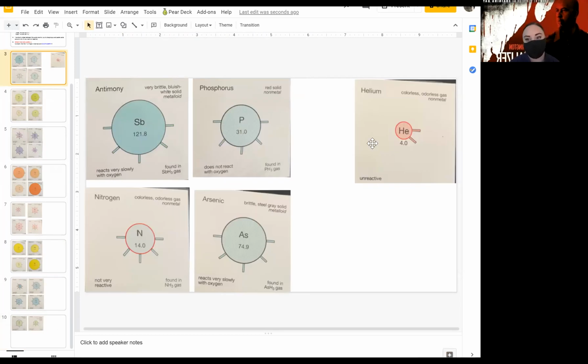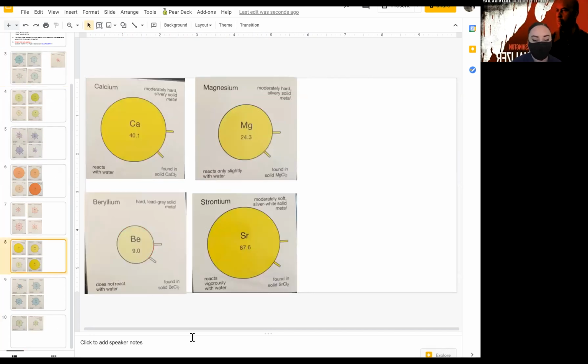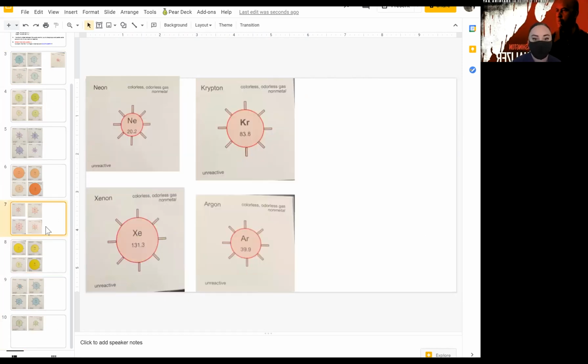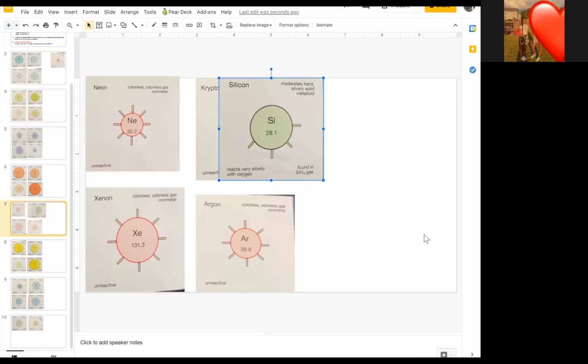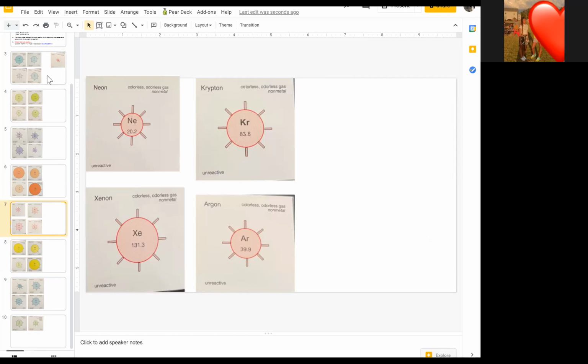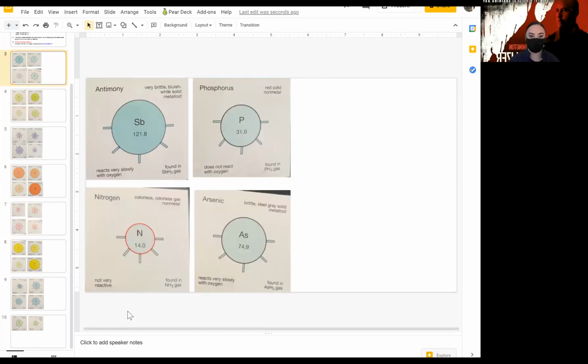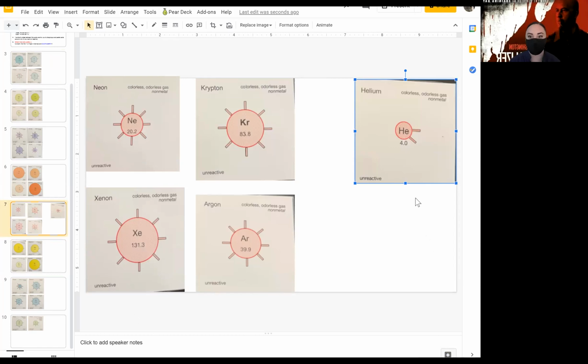Now, helium here is red. It has 2 sticks, and it says unreactive. So should I put it here? These have 2 sticks. Or here? Where should I put helium? With the rest of the red, okay? So I see that it's similar in color, but I also notice another property that's similar, right?